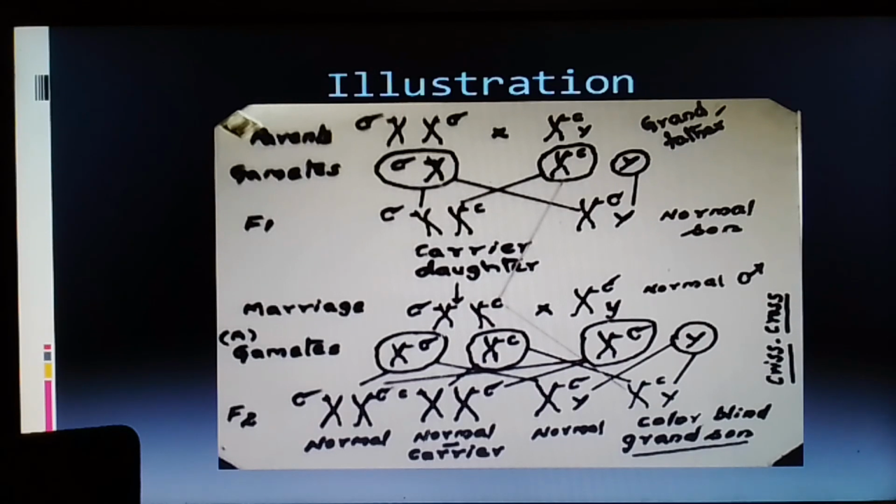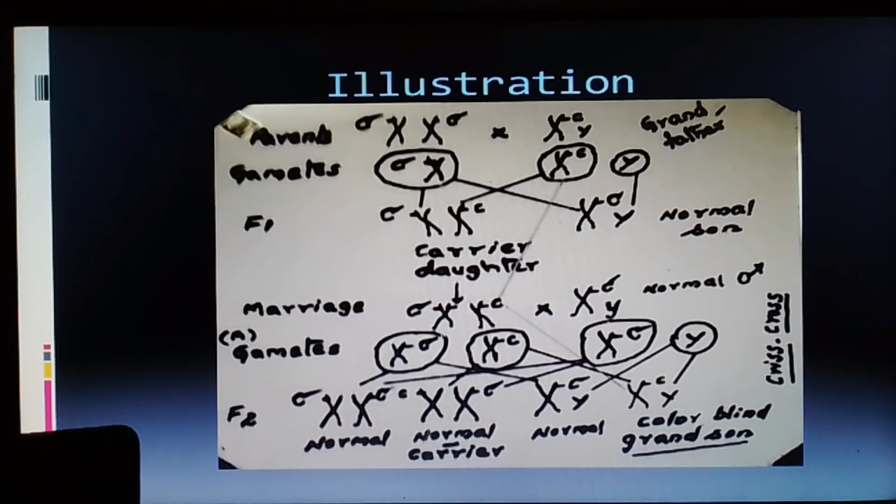But here it is X-linked because the gene is located on the X chromosome, and its inheritance is somewhat different from the inheritance pattern of the normal gene. That's why we give such an illustration to show how it is inherited from one generation to the next generation.